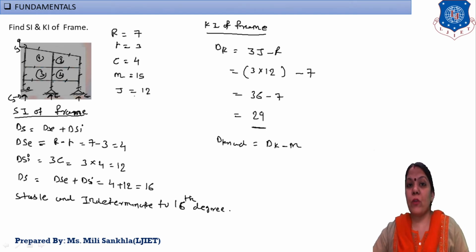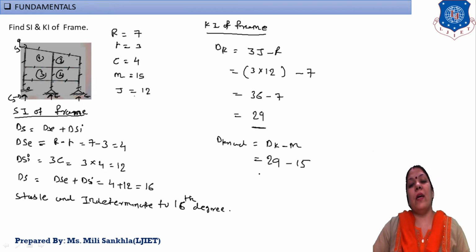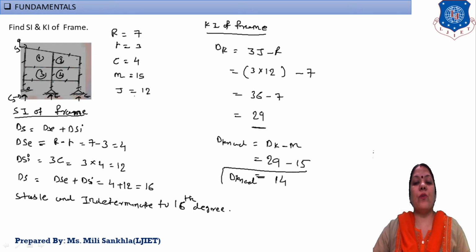Now we find out dk and ad. dk is equal to 29 and number of members is given 15. So 29 minus 15 is equal to 14. That means dk and ad for the given frame is equal to 14.